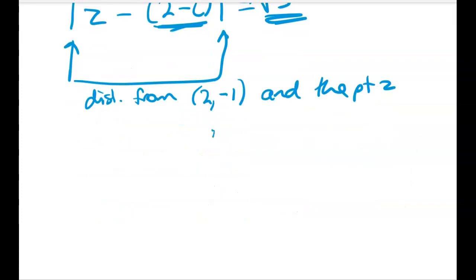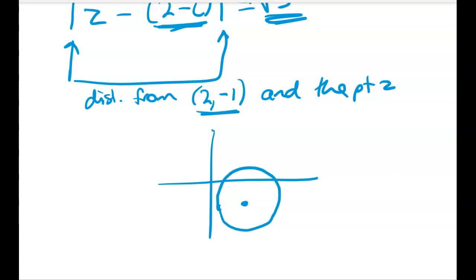Then what that's describing is a centre here of 2, negative 1. So the distance from here to our point has to be root 3, and so that's your definition of a circle. You can go straight to the locus equation from that.